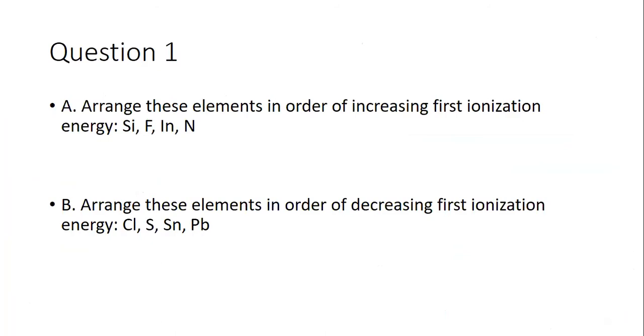And for 1A, just tell me from low to high what the first ionization energy will be. And for 1B, from high to low, what is the order of the first ionization energy? So take a few minutes to see if you can figure that out using your periodic table.